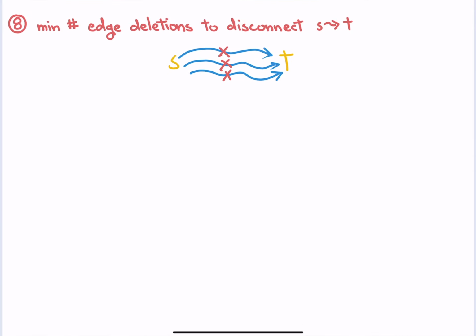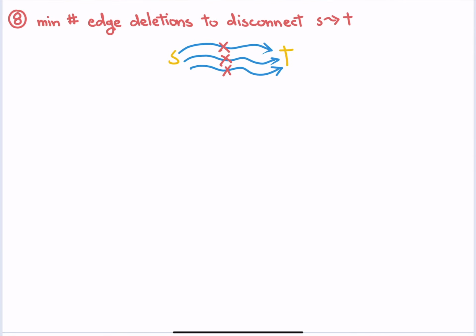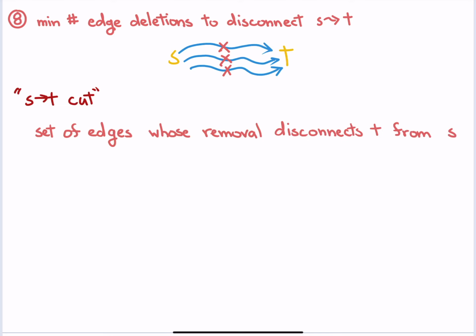Okay. The other problem that we're focusing on is trying to figure out the minimum number of edges you need to delete to disconnect S from T. First, there's some terminology. This is sometimes called an ST cut.